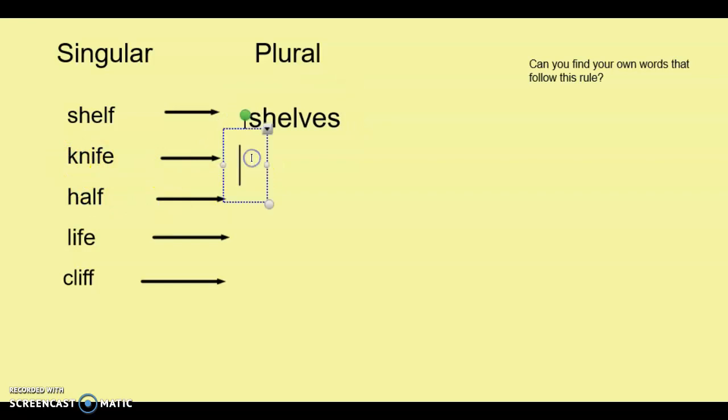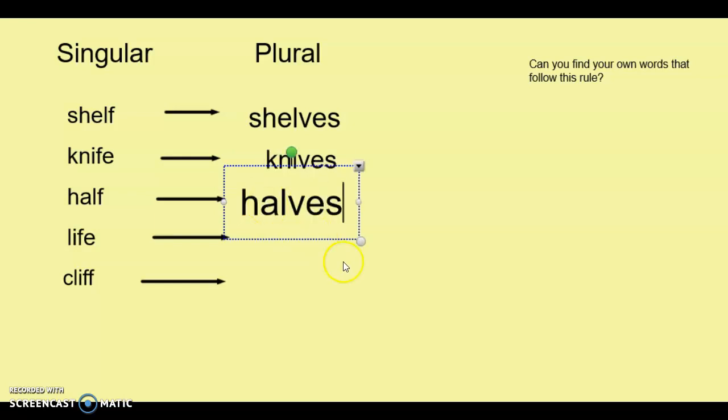Knife ends in FE, so when we're writing knives, we would drop the FE and add VES. Here we have half, one half. If we're talking about more than one half, and there are 3 halves left of the pizza, we would drop the F and add the VES ending.